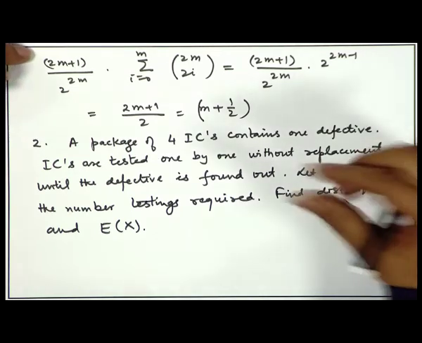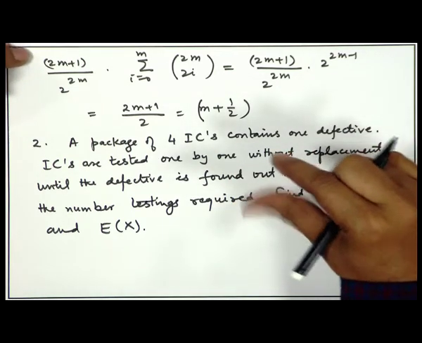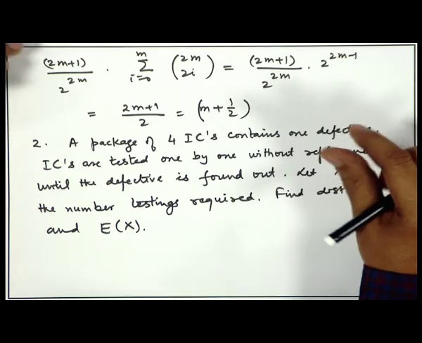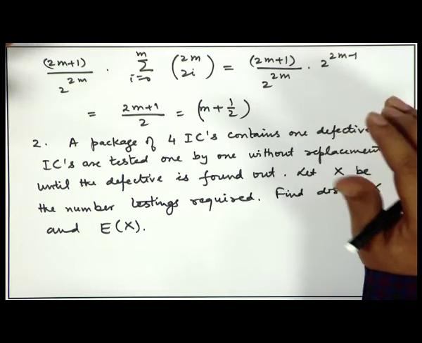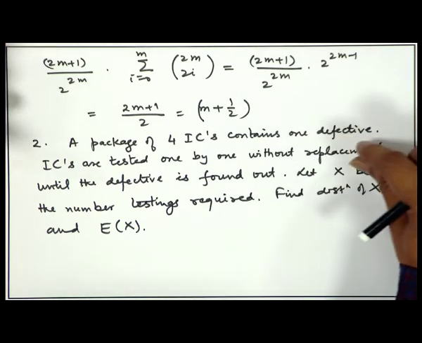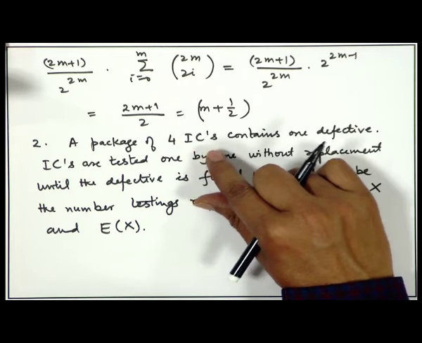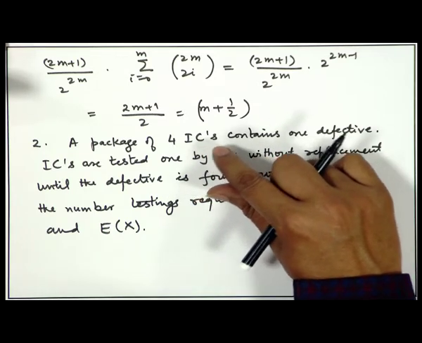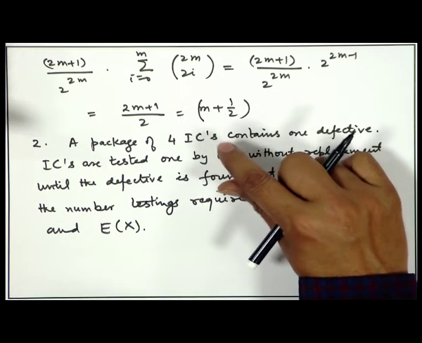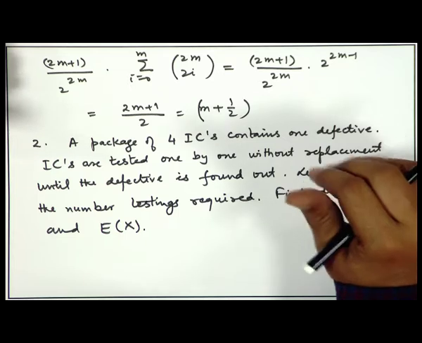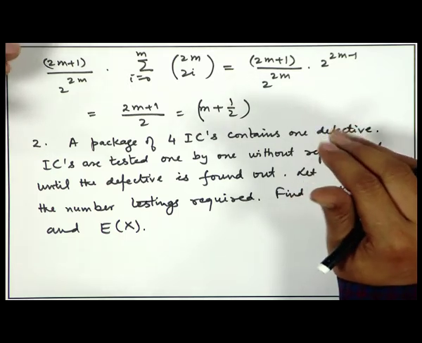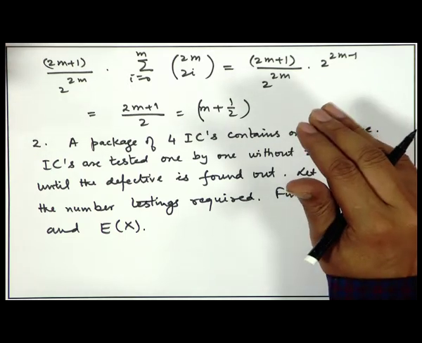So, the procedure is as follows: you will test one IC. If it is defective, then we know that it is defective. So, the experiment stops, because we know that there is one defective among the 4 ICs. If the first one is not defective, then you will take another one and we will test that. So, if that is defective, we will stop, otherwise we go to the third one. Now, in the third one, if it is defective, then we know that this is the defective.